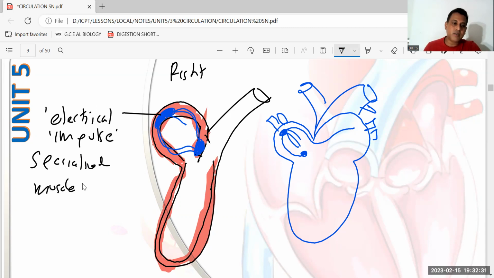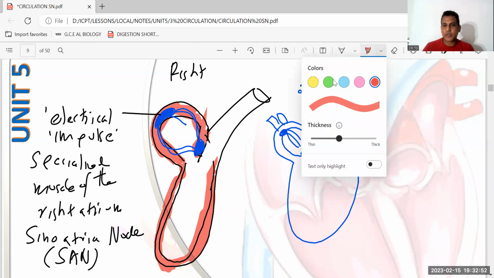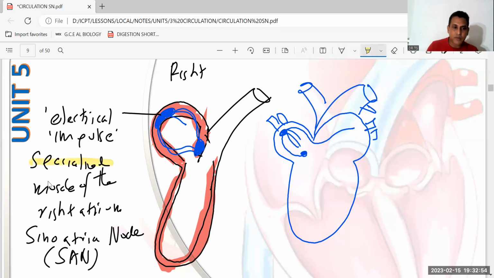muscles of the right atrium are called the sinoatrial node, or SA node. So they are specialized heart muscles in the right atrium.